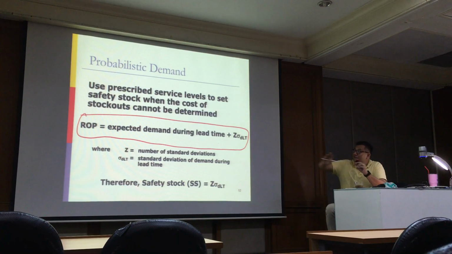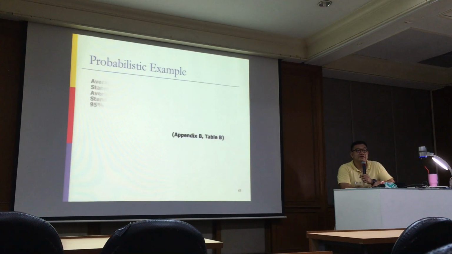But for the safety stock, it's different. It depends on the condition: whether demand varies and the time is constant, demand is constant and the time varies, or both vary. And then you follow this. Any questions for this?